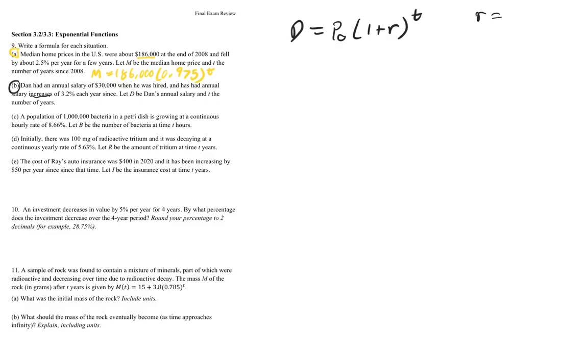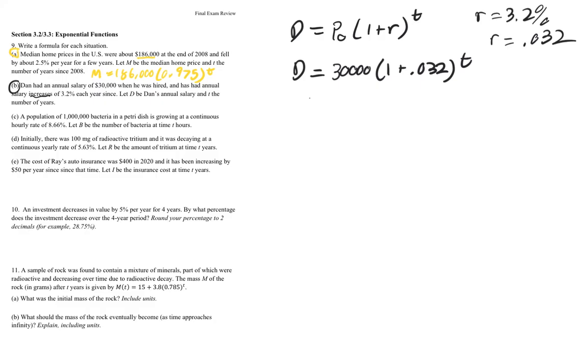Our rate is 3.2%, and in decimal form that's 0.032. So D is equal to 30,000 times 1 plus 0.032 to the power of t. That's going to be Dan's annual salary after t number of years.